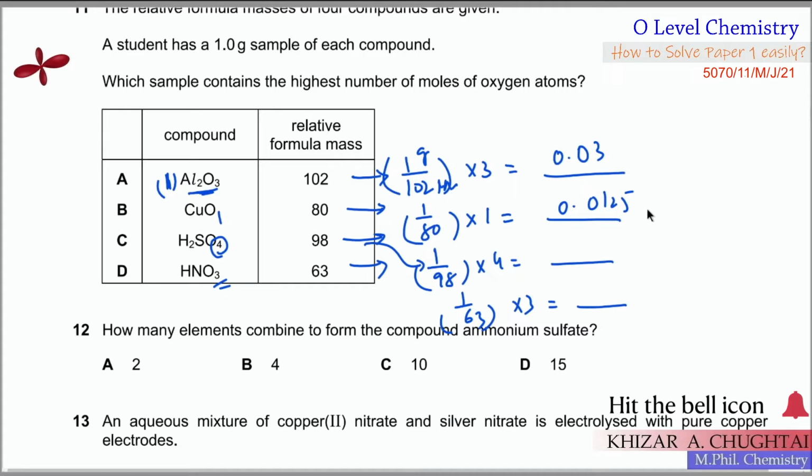Answer is 0.040. The last one, 1 divided by 63 multiplied by 3, is equal to 0.047. So the highest answer goes to the last option. So D is the correct option. This compound, that is nitric acid, and 1 gram of nitric acid has the highest number of moles of oxygen atoms in it.